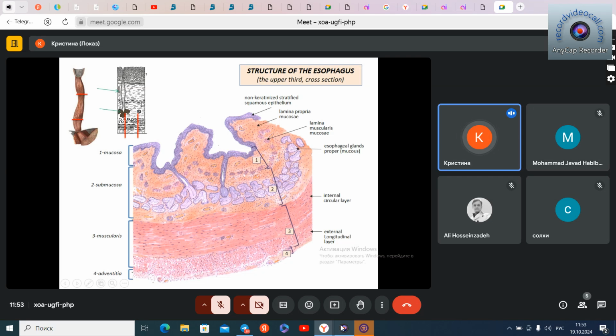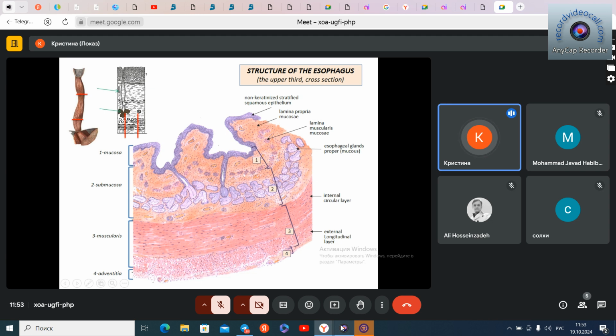Lamina muscularis always contains only smooth muscle tissue. Lamina muscularis is absent in the oral cavity, and here in the upper third of the esophagus it appears, and it will grow and become larger and larger when we go closer to the stomach. So here we see just the beginning of the lamina muscularis.